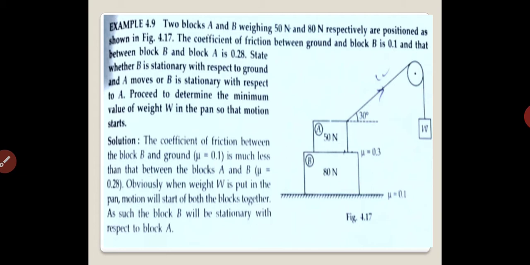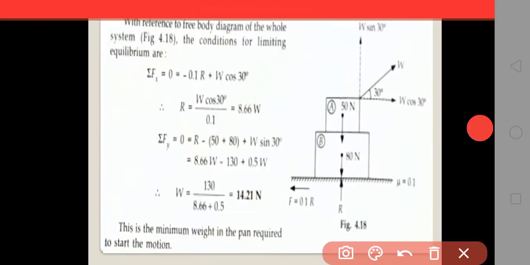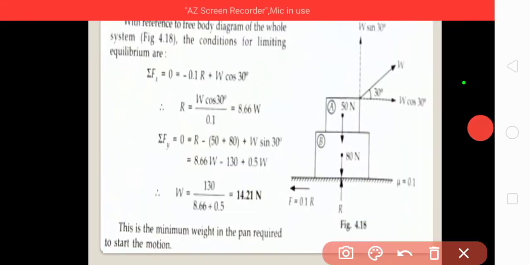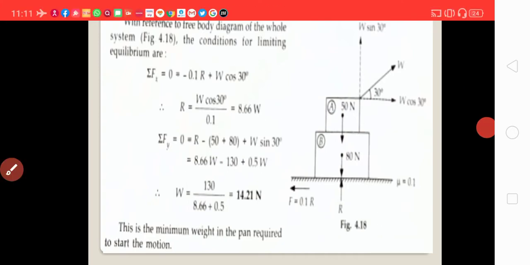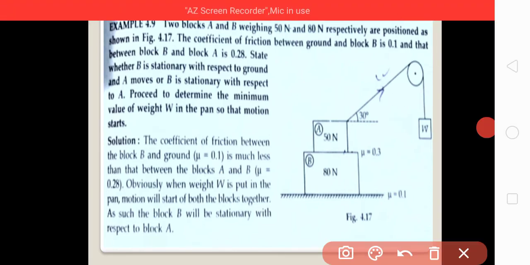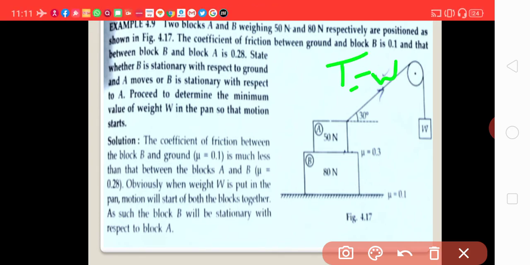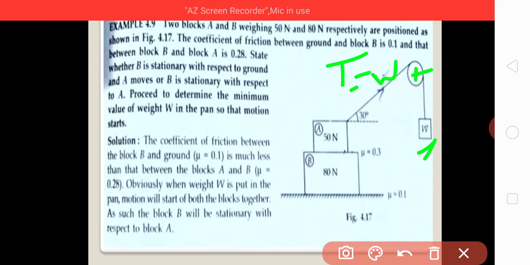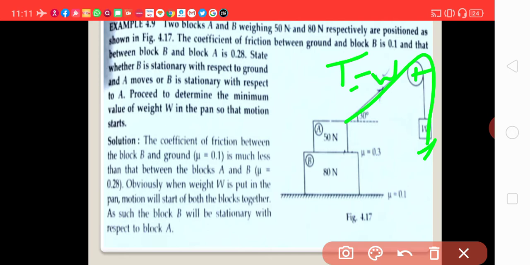So the tension in the rope will be equal to W, because we have used a frictionless pulley for the rope to wrap around it.